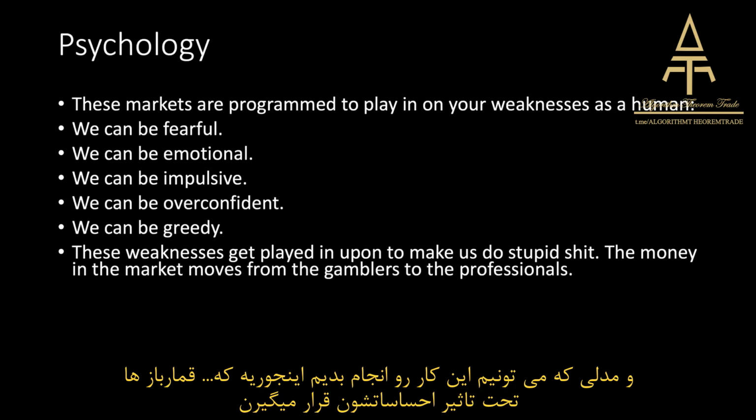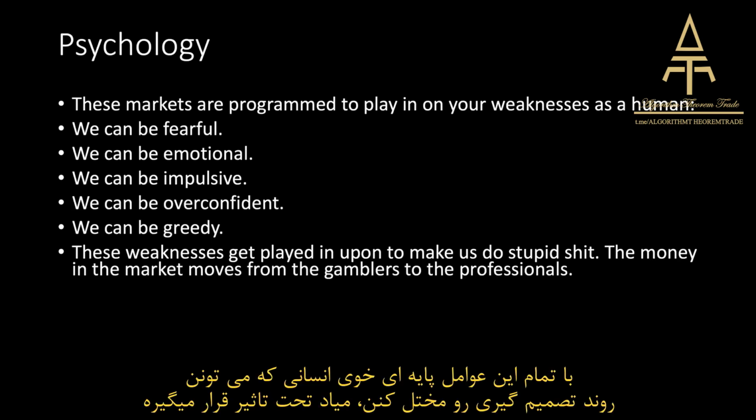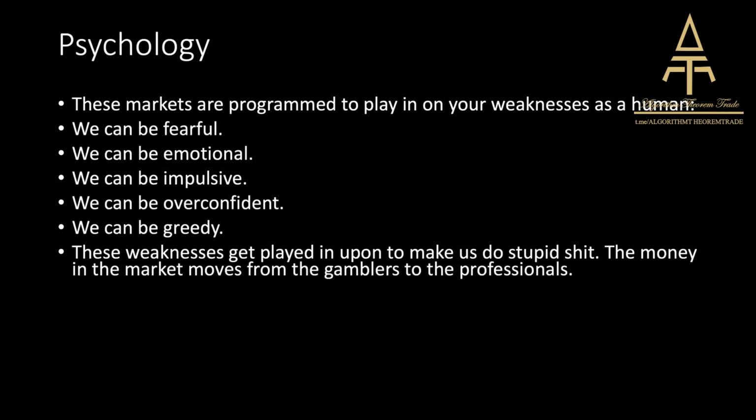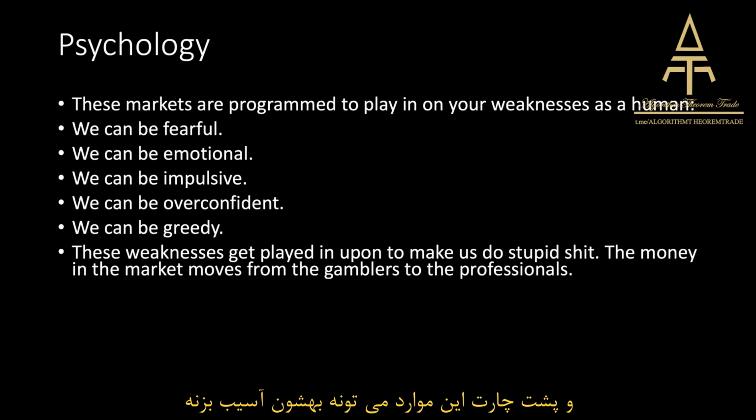And the way that this works is through the following. A gambler is driven by emotion. He is driven by all of these basic character traits that can influence his decision-making process. The pros, however, know that if they let their emotions influence their decision-making processes behind the charts, that they will do harm to themselves.